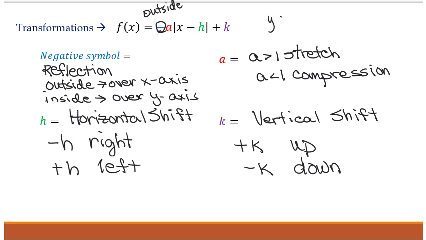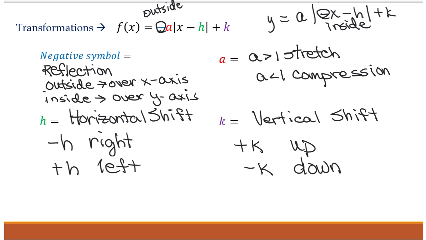If the negative sign had been inside, let's say that we had this, and the negative sign is inside, that represents a reflection over the y-axis. So depending upon where that negative sign is will determine which axis it reflects over.